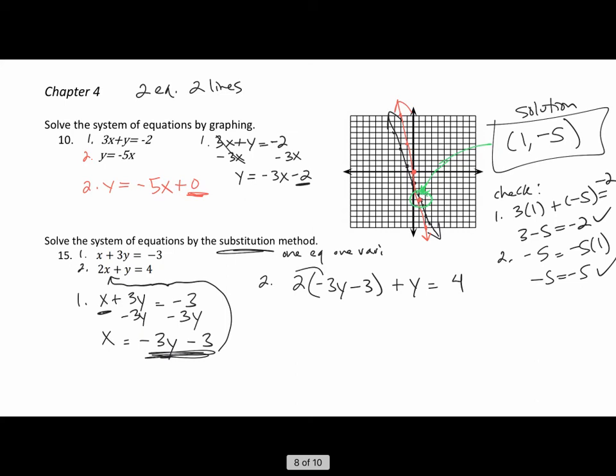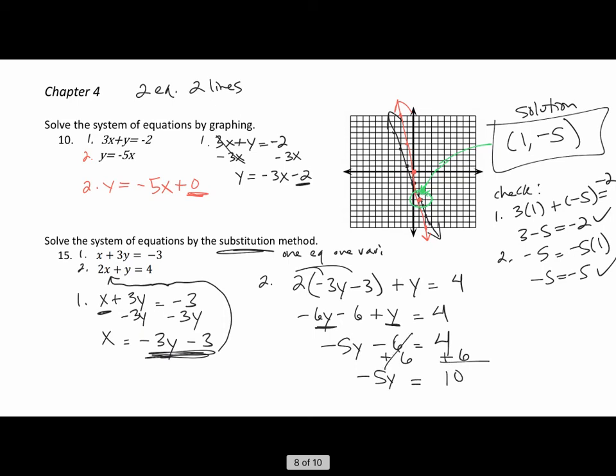So now the second equation only has the y variable. I can solve for it. So let me get rid of these parentheses by distributing the 2. And then I have like terms I can combine. That's -5y's altogether. Then I want my number terms to be on the same side, so I opposite the 6.